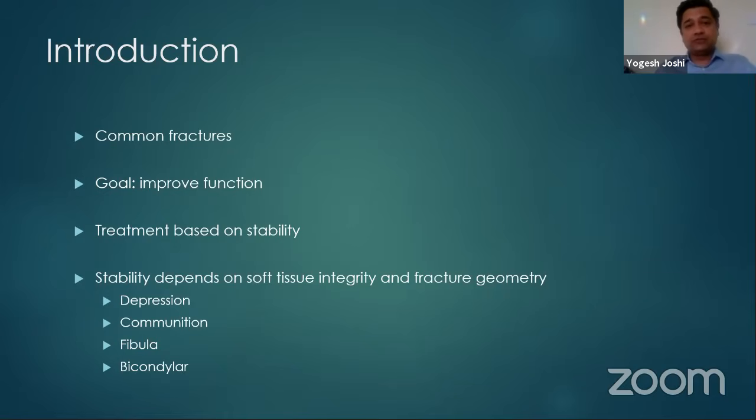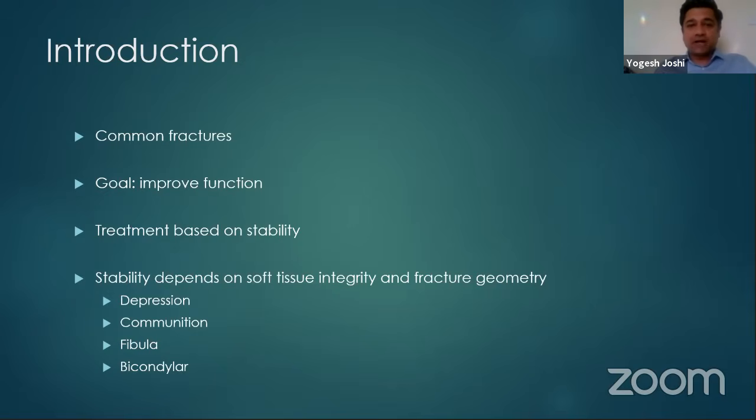We will go through how these kinds of factors determine the stability of this fracture. Also, the integrity of the fibula is important. If there is an associated fibular fracture, it indicates that the fracture is unstable. Obviously, bicondylar and high energy trauma fractures are unstable, and that determines how you treat these patients.